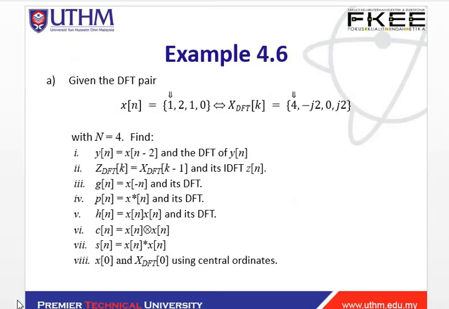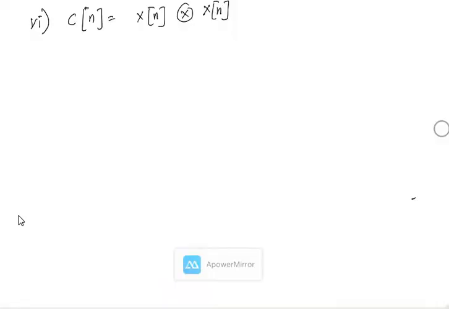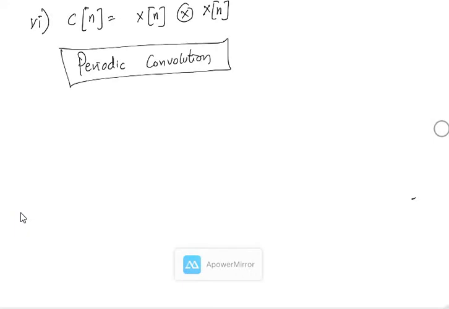Question number 6: c[n] is equal to x[n] convolved with x[n]. We know that this is a periodic convolution. So x[n] is 1, 2, 1, 0, convolved with 1, 2, 1, 0.